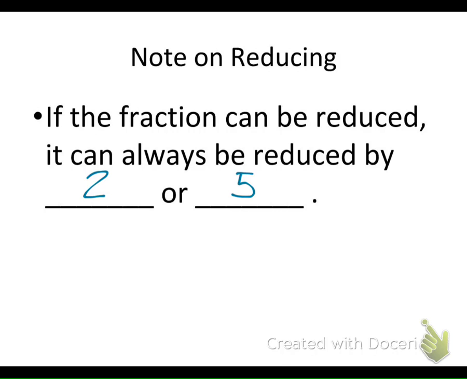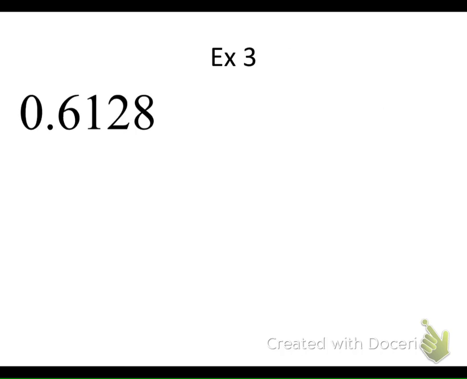The reason it's 2 or 5 is because whenever we're working with these fractions, we've got 10 on the bottom, we've got 100, 1,000, or whatever. 2 goes into 10, always. 5 goes into 10, always. Same as 100. So if it can be reduced, the number on the top also has to be reduced by 2 or 5, if it can be. That's not rounding. It's just reducing.